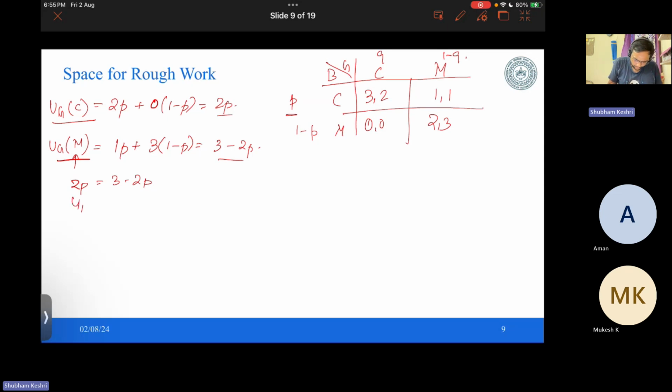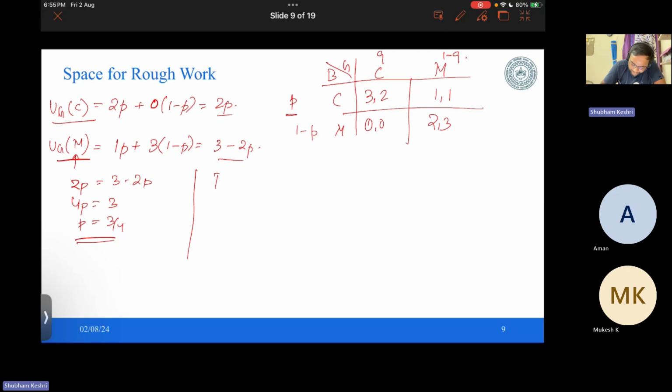No. 4P equals 3 and P equals 3 by 4. So this is that point. This is the strategy of the boy at which the girl becomes indifferent between playing cricket or movie.